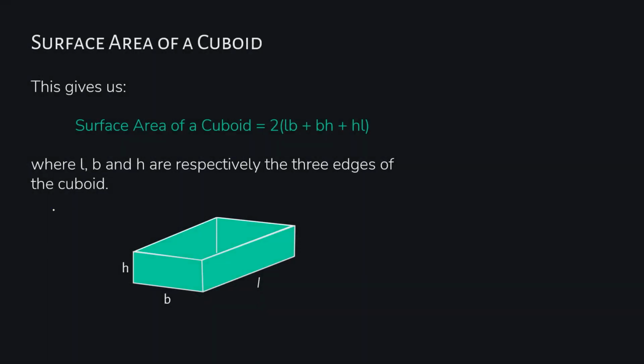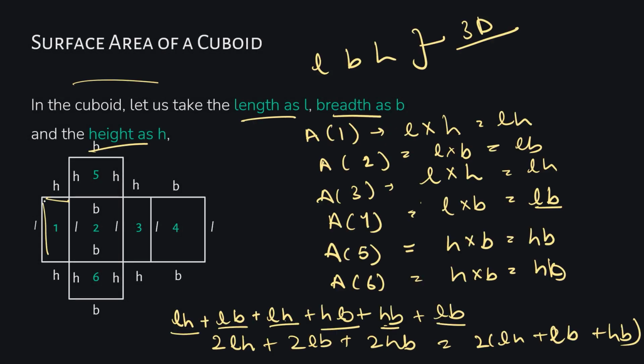Here it is written in a clearer way that the surface area of a cuboid is this, and we have derived how we get this surface area. Now to visualize it in 3D, our length is this, our breadth is this, and our height is this. The length is the longest side kind of, but it is our choice whatever we take.